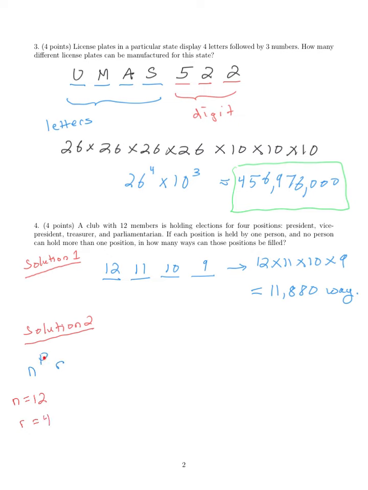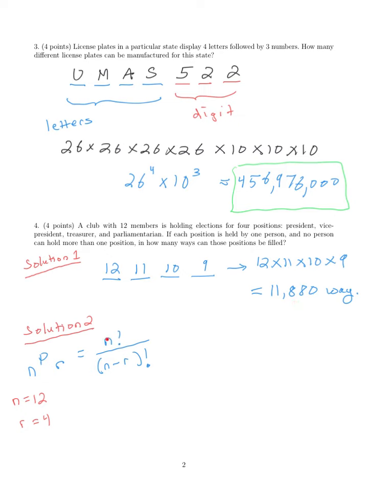So this is the number of ways you can permute 12 items chosen 4 at a time. nPr has a formula that depends on factorials. This is n factorial divided by the factorial of n minus r. I will take this information, plug it into this formula, and simplify it. We should end up with this number here.